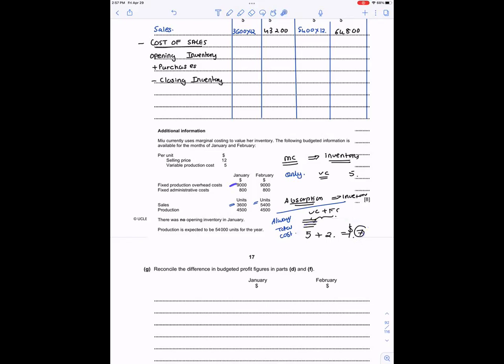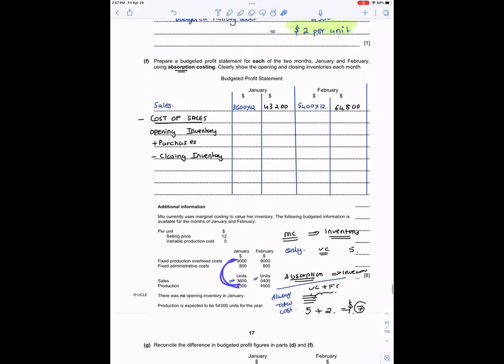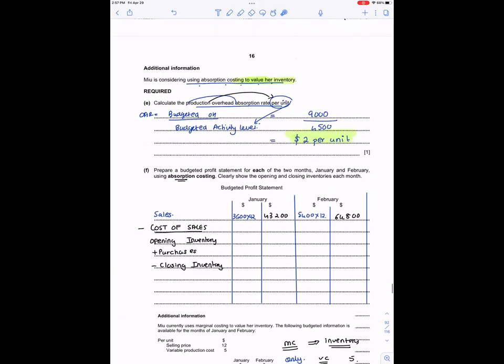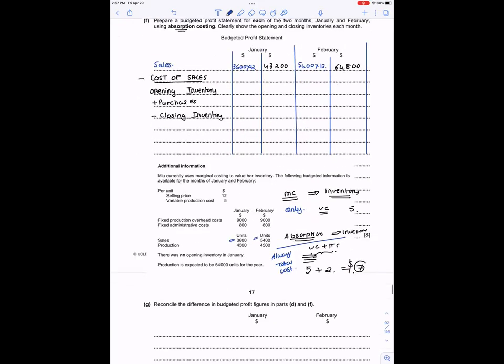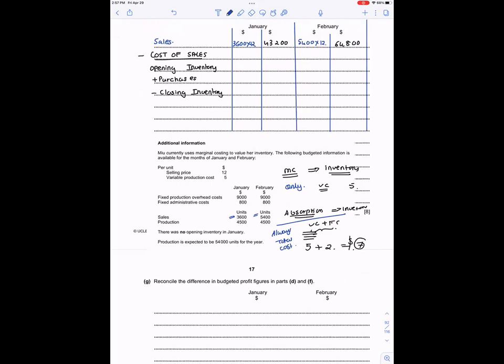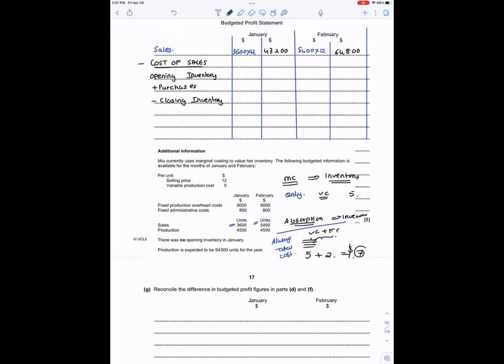That means you will also consider the fixed cost of production. And we got a production overhead absorption rate of $2 per unit. This was for the fixed costs. Are you all with me? Yes, miss. Okay, fine.